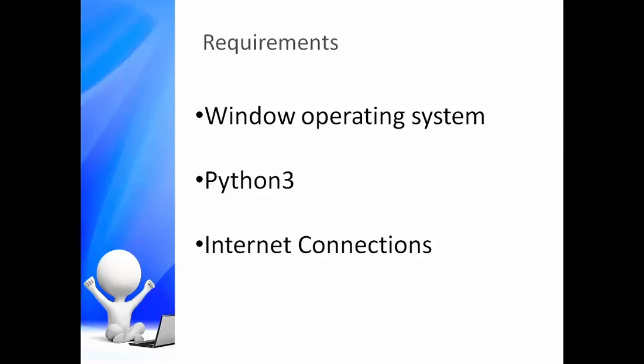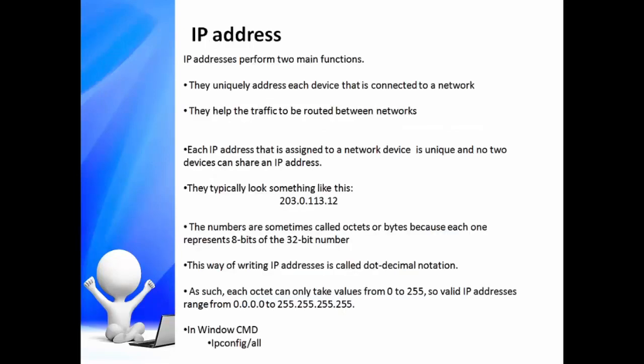Let's get started with something you are likely to be familiar with. That is IP addresses. They typically look like this. They are actually a single 32-bit number, though they are usually written like the number shown here, in the form of four decimal numbers separated by dots.